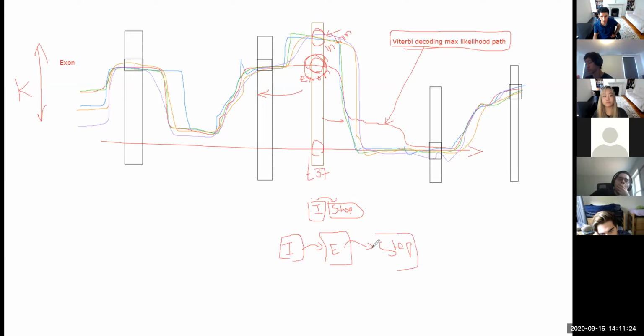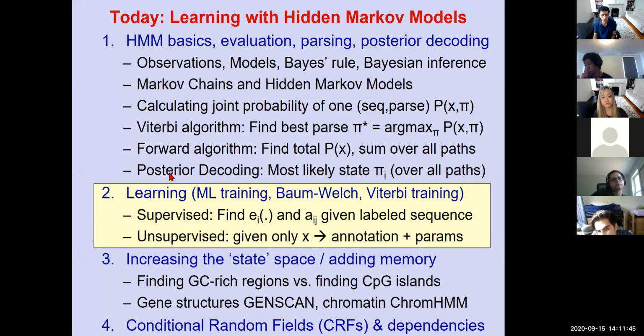And that's one reason why the Viterbi path might actually be better in some cases, because it always gives you a sensible path. But the posterior decoding gives you higher per position probability. All right, so we talked about posterior decoding and finding the most likely state over all paths.